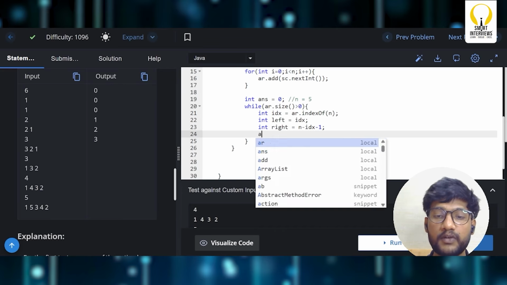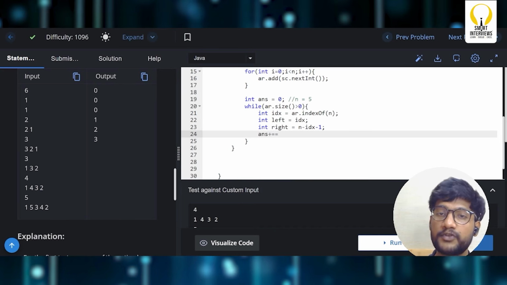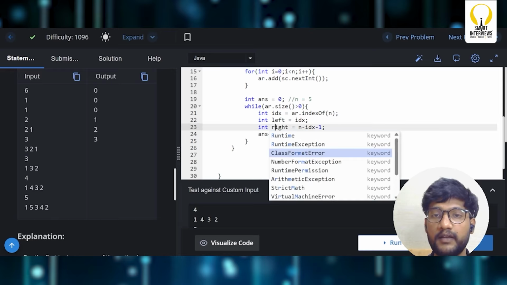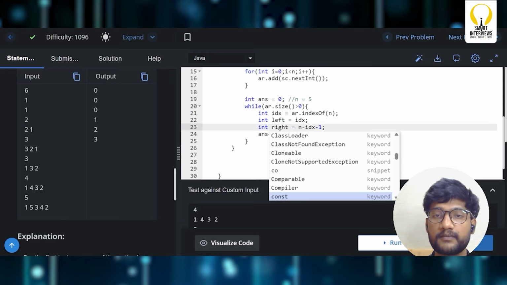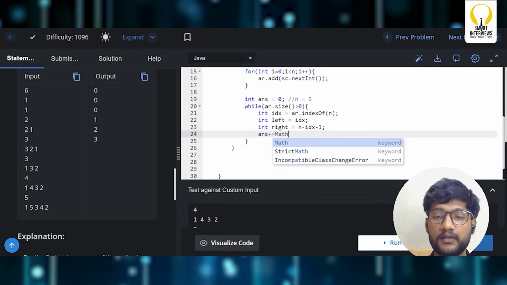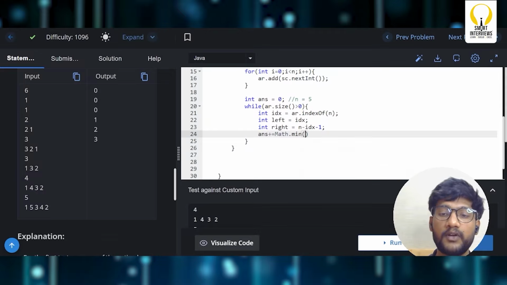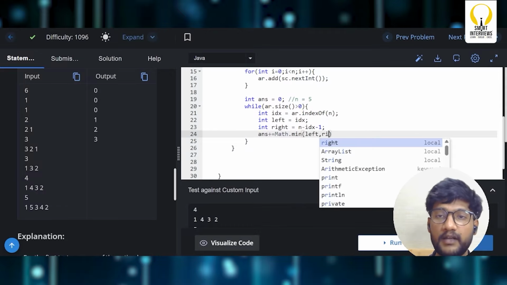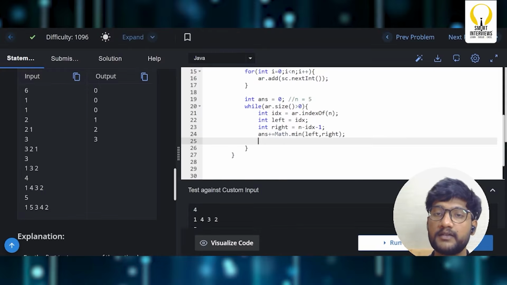Now can I say answer plus equals, you are supposed to take the minimum, right? I'll take the minimum, like Math.min of left side comma right side, and simply add it into my answer. After that, I'm supposed to remove that person from the array list.